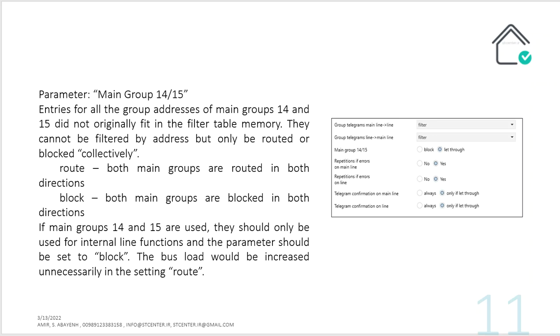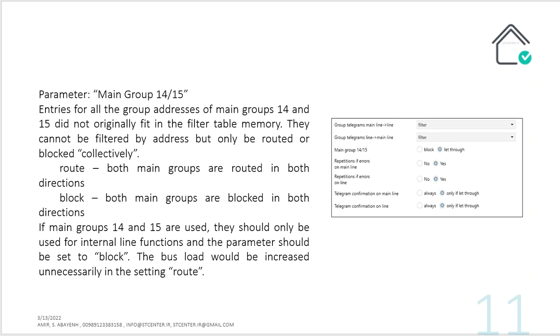If main groups 14 and 15 are used, they should only be used for internal line connect functions. It means, for example, you use some central function in main group 14 and 15 and put it here to be routed. For example, you want to set the set point of the thermostat for the whole building, so you put it in main group address 14 and 15.